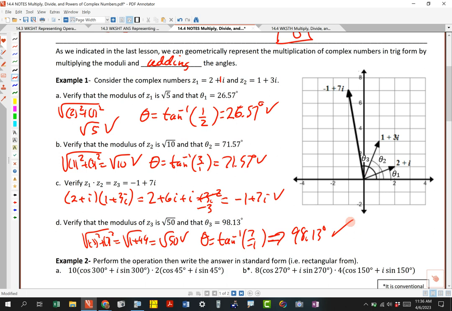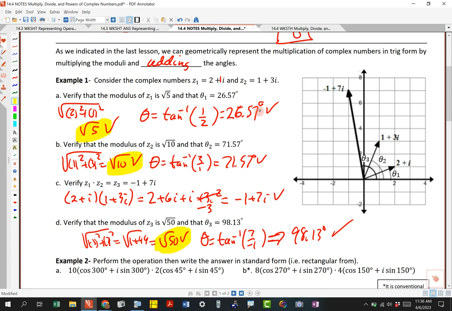Hang on one second. Okay. Does what we talked about yesterday work in this case? Not does it look like it worked, like we asked you to do yesterday on the back side of yesterday's assignment. What we're doing today is saying, if I take the two moduli, radical 5 and radical 10, and multiply them together, do I get that?